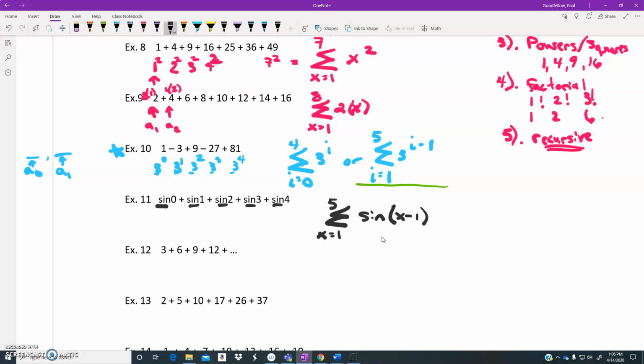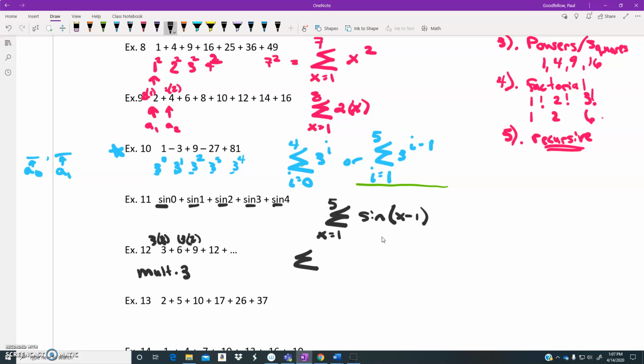Okay? Now, as we go down some of these, you'll probably recognize other little patterns like 3, 6, 9, 12. Oh, that must be a multiple of 3 somehow. And that would be 3 times 1 and 3 times 2. You kind of have to break them down and be like, oh, where did they come from? 3 times 1 and 3 times 2. Okay, something like that. 3 times 3. Oh, that must be easy.